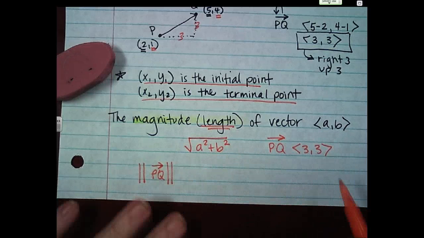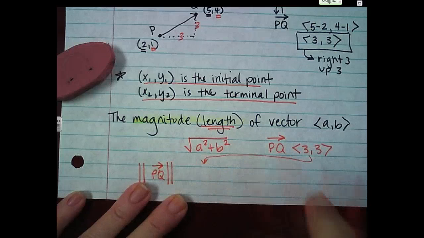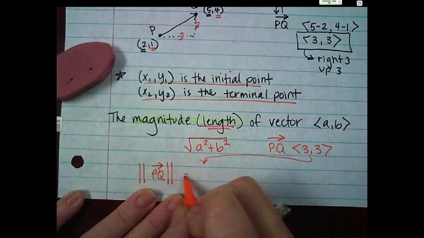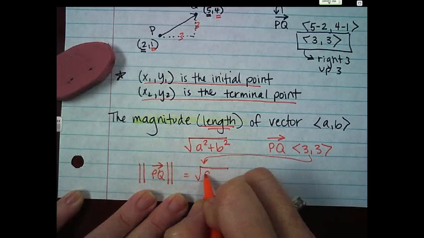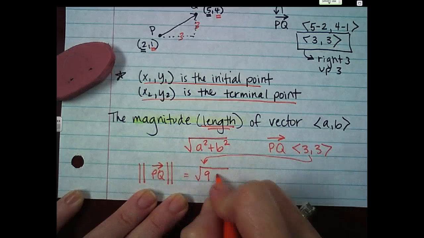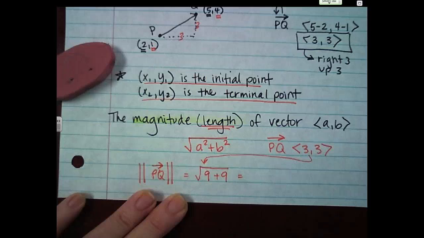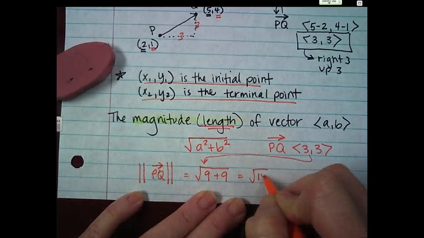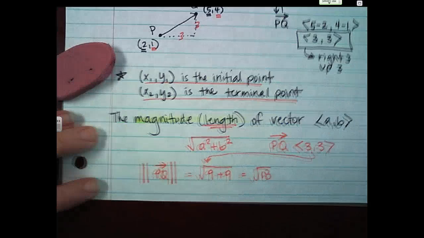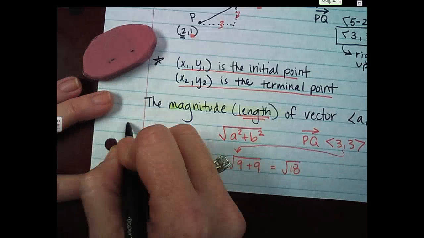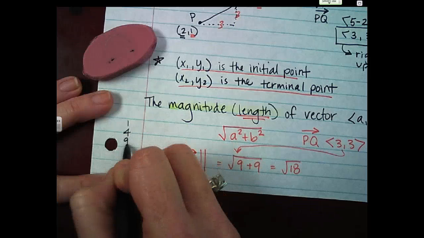And all you do is apply the formula. So I'm going to take this right here, the ⟨3, 3⟩, and say, okay, it's the square root of a squared, which would be 3 squared is 9, plus 9 more. So the square root of 9 plus 9 is the square root of 18. Now we've talked about this in the past: if the square root can be simplified, you are required to do that, right? If you don't know your perfect squares, maybe write them at the top of your page, like 1, 4, 9, 16, 25.